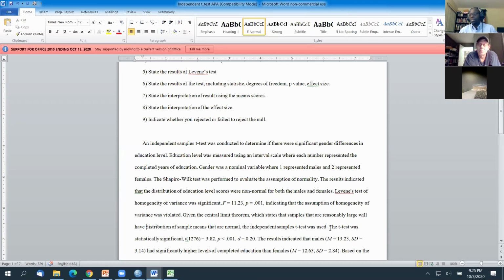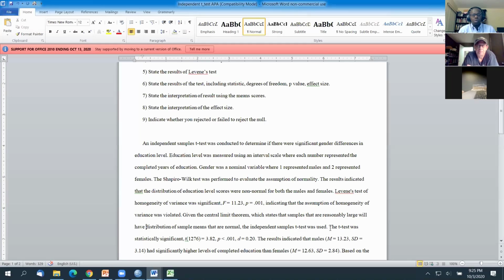So basically all you're saying is look, even though we had a violation of homogeneity of variance, even though we had a violation of normality, we're not going to run some non-parametric test. We don't need to do that because the central limit theorem says, look, as long as your sample sizes are 30 or higher, you don't have to worry about violations of these assumptions because the test is going to be robust and the distributions are going to be relatively normal.